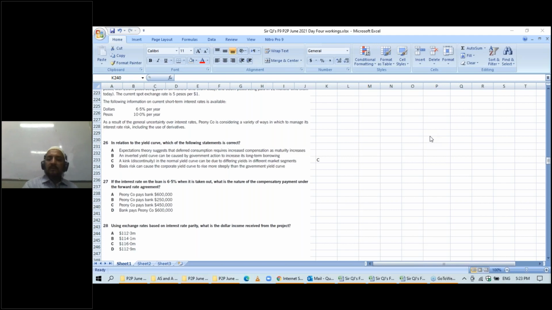Normal yield curve means, see, this is a normal yield curve, which I showed you a few minutes ago. On the y-axis there are percentages of interest, right? And over here there is borrowing time.